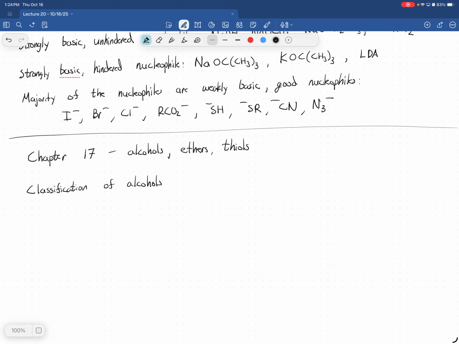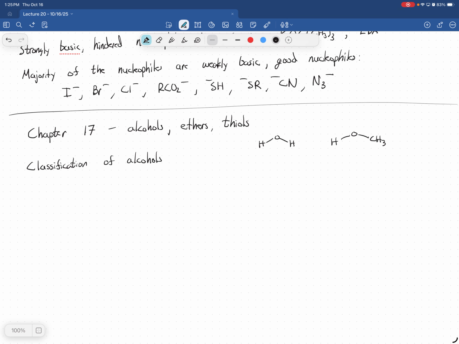If we think about water here, and alcohol basically looks like water, except you have some organic part of the molecule that makes it more organic soluble. So methanol likes to dissolve both polar molecules and non-polar molecules, okay?